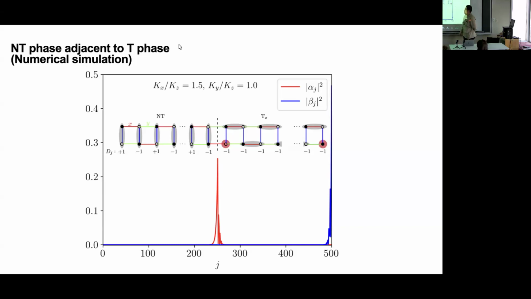The answer is yes. Here is another numerical simulation of n equals 1000, and one can see there's a very large probability at the intersection. It can also be conceptualized when you consider the zero limit. There's a red Majorana here, and you can see a large Majorana at the boundary as well.